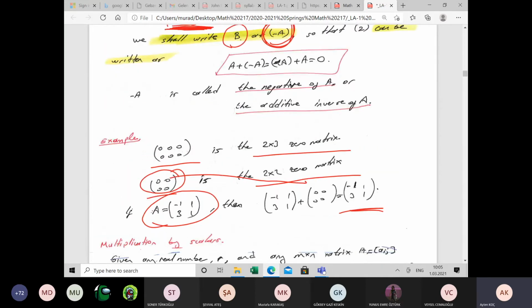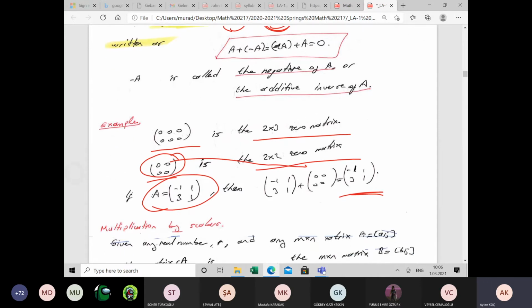So now let's give another operation. It's okay. Multiplication, multiplication by scalars. It's okay. Another operation on matrices. Let's define this operation.